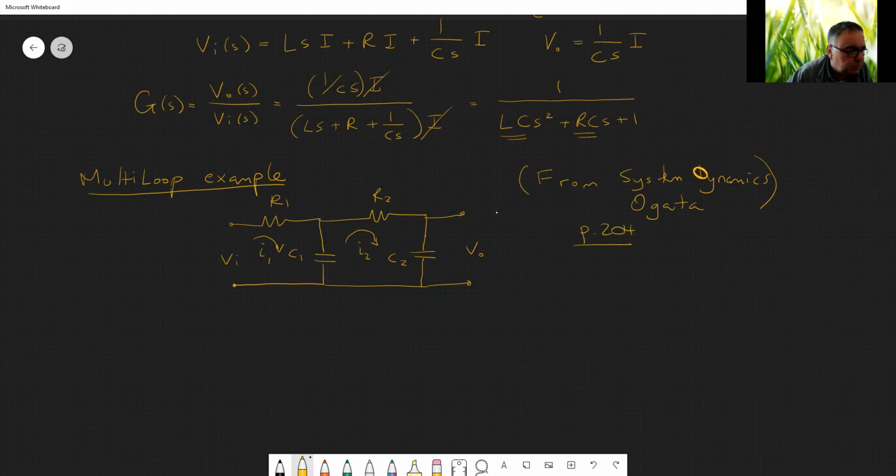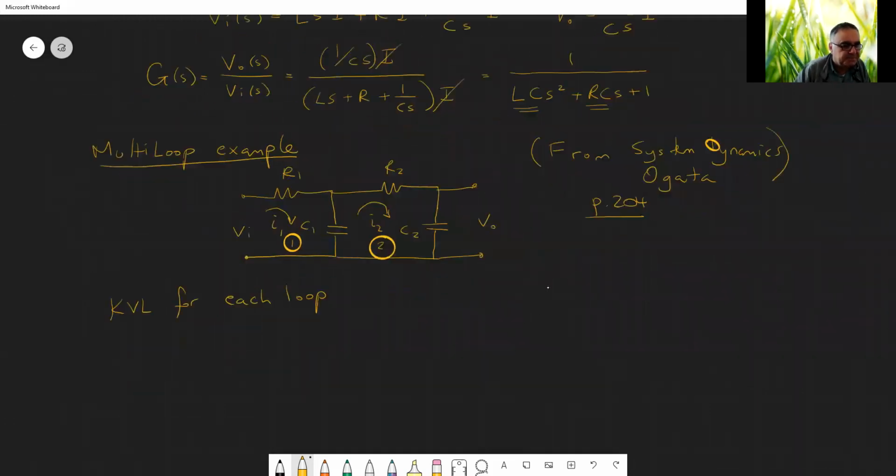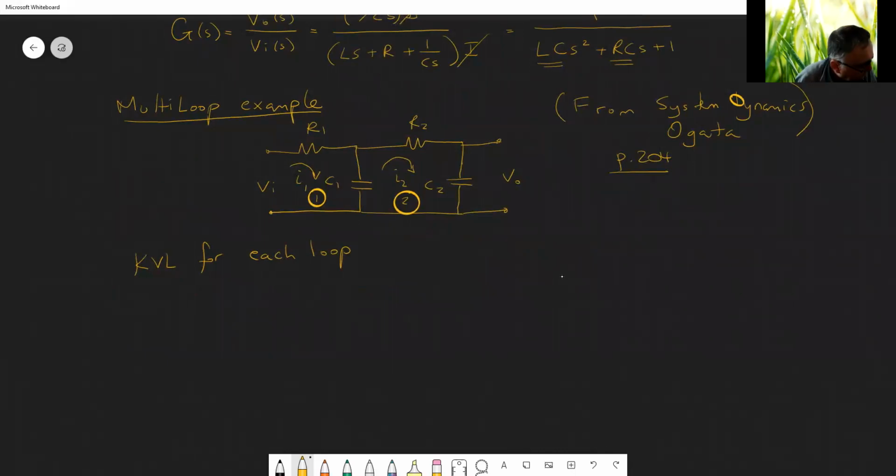there are two loops, KVL for each loop. So this is loop 1, this is loop 2, as you know. And the first one gives VI is equal to I1 R1 is the drop.